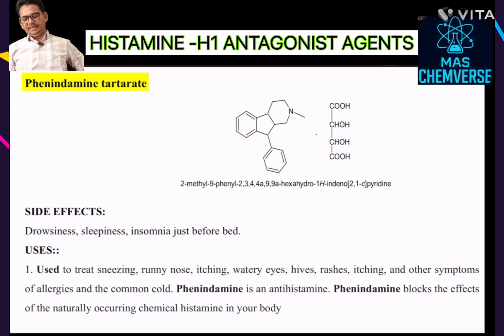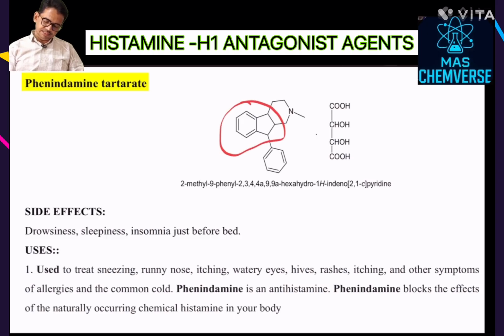Then phenindamine tartrate. Why is it called phenindamine? See here, it is a form of the indole. It won't have the nitrogen, but it looks like the indole. Then you can see here, it will be attached to the parahydropyridine, methyl parahydropyridine.